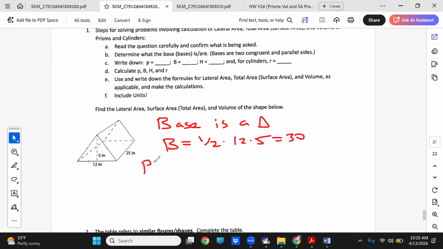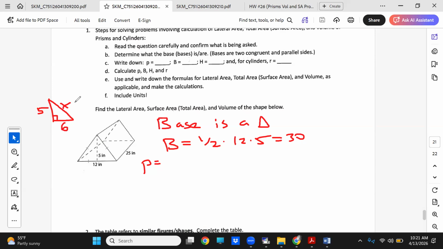Let's get the perimeter of the base. Yeah, so by the way, that's a little nasty. That's not fun. So be it. Okay, so if I try to find the perimeter, what's x going to be here?